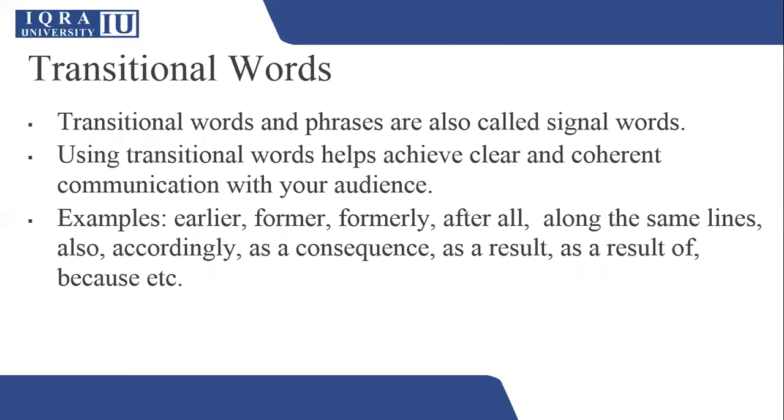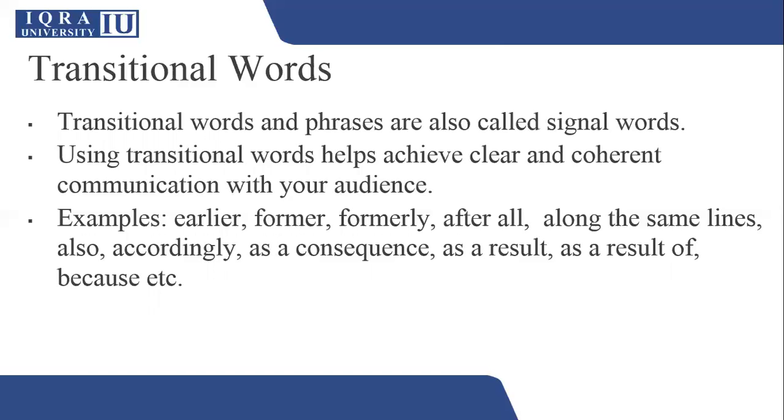Similarly, how can we achieve coherence? We use transition devices, connecting words or connecting devices, also called writing discourse markers, transitional words and phrases that are also called signal words. Using transitional words helps achieve clear and coherent communication with your audience.